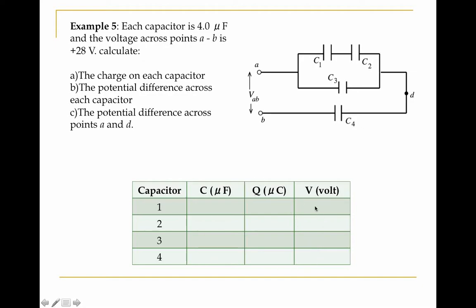This is very important because sometimes, knowing for example that these two are in parallel, I know that they have the same charge. So if I somehow find C1 and V1, from which I can find Q, then I know that these two have the same charge, and so on.